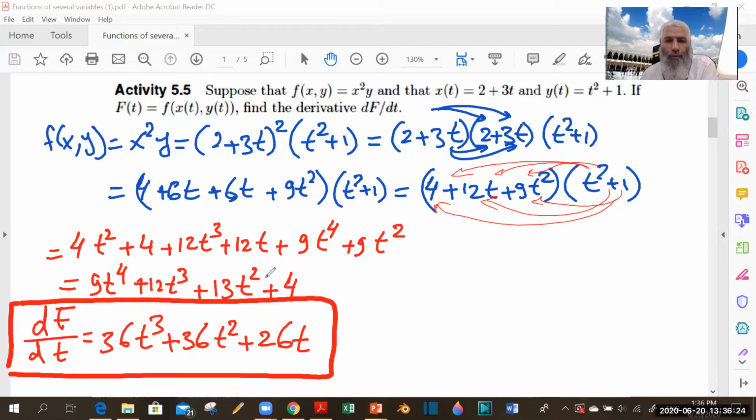Where is 13t squared? Yes, plus 4. The derivative is 36t cubed plus 36t squared plus 26t.